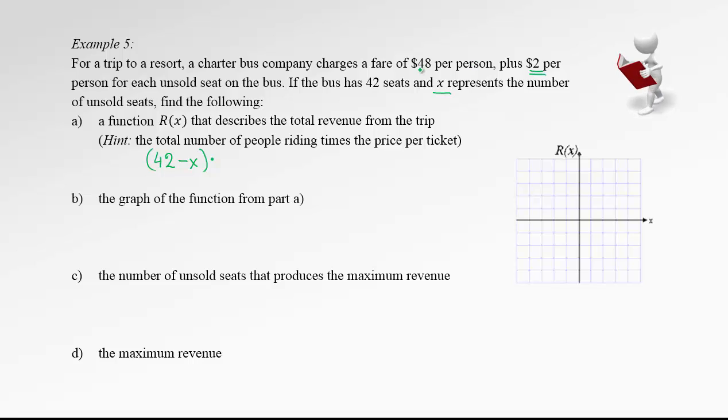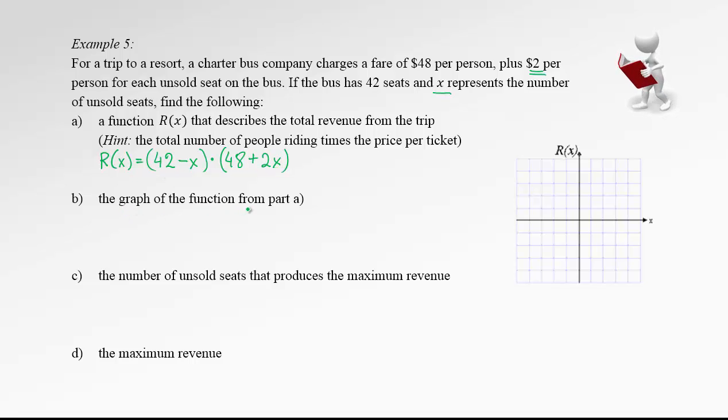Generally, the price will be $48, the base price, plus 2 times the number of unsold seats, 2 times x. So 48 plus 2x. That's the cost of each ticket. Okay, so our function revenue with respect to x is given by this formula.